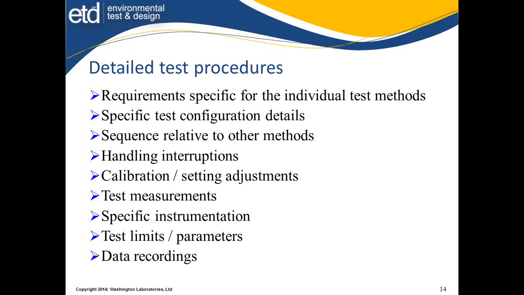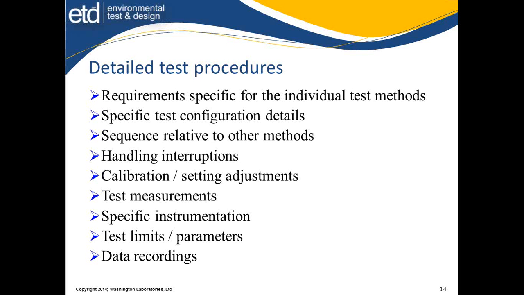This test sequence, we just discussed test sequence, but relative to other methods, I personally like to put a table at the front of the detailed procedure to say, do these tests in this sequence. This is somewhat restrictive, but it sure does line up what we're doing, and everybody knows exactly what we're going to be faced with. You may need to put a rationale as to why you put them in that order.